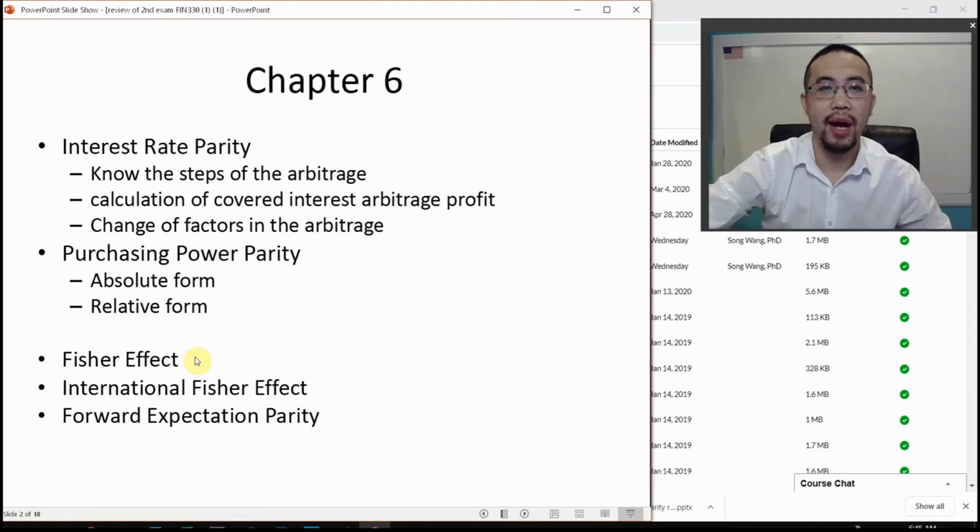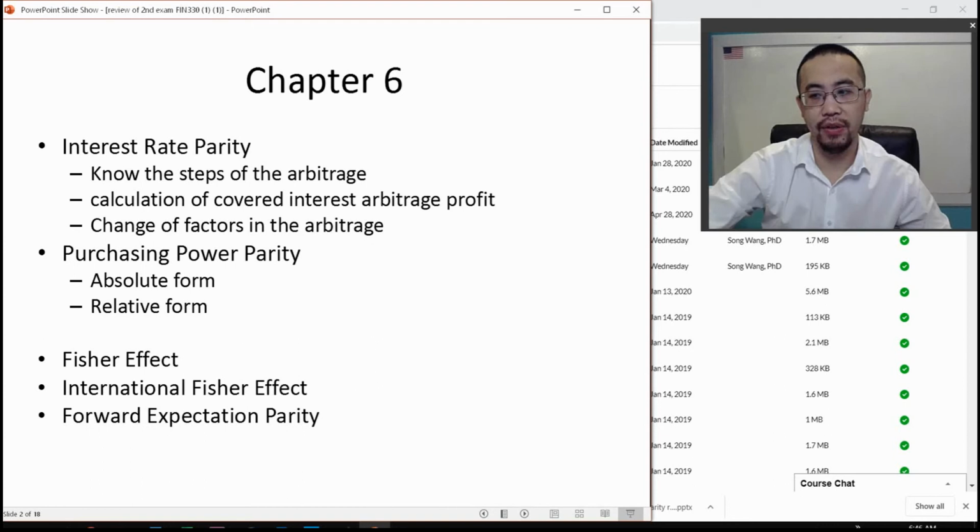In chapter 5, we learned covered interest arbitrage and how to calculate it. Here, we still need to know how to do covered interest arbitrage, because that's one of the preconditions for interest rate parity to exist.